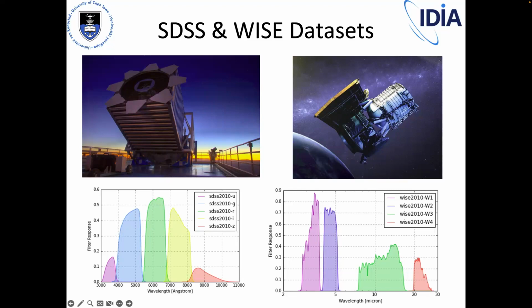WISE instead observed from space, so it focuses on an area that you can call the mid-infrared, from 3 micron to 30 micron, that cannot be observed from the ground.